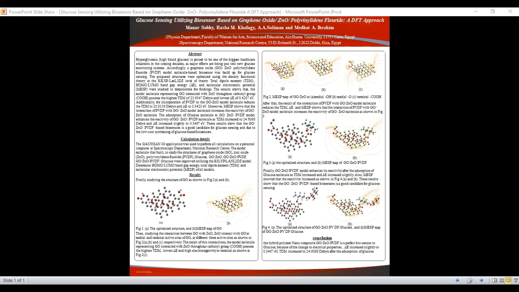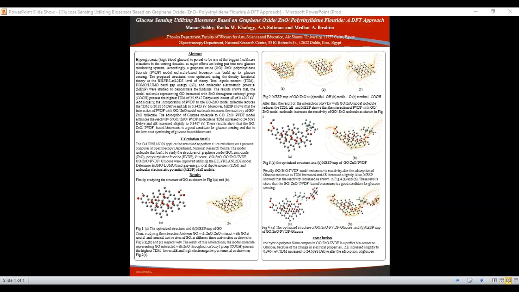Then, the interaction of graphene oxide with zinc oxide occurred at the terminal and middle of the graphene oxide. The results show that the model molecule representing graphene oxide interacted with zinc oxide through the carboxyl group possesses the highest total dipole moment and lowest HOMO-LUMO band gap energy.